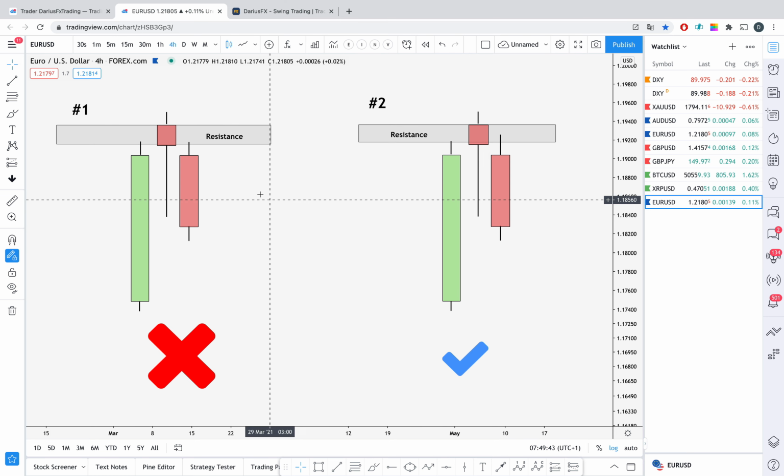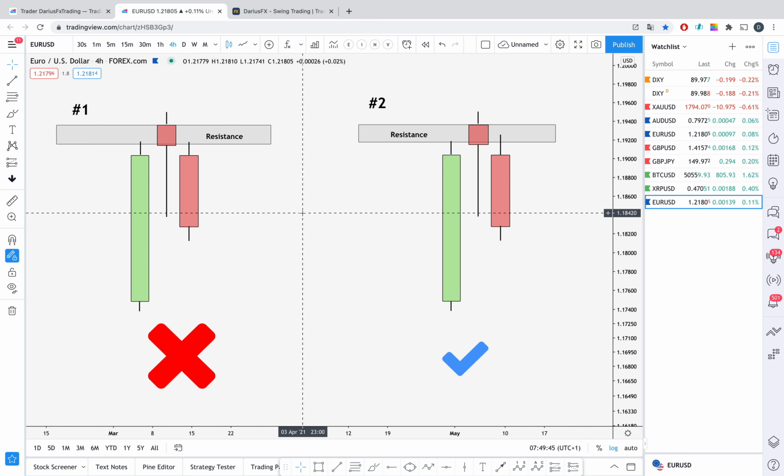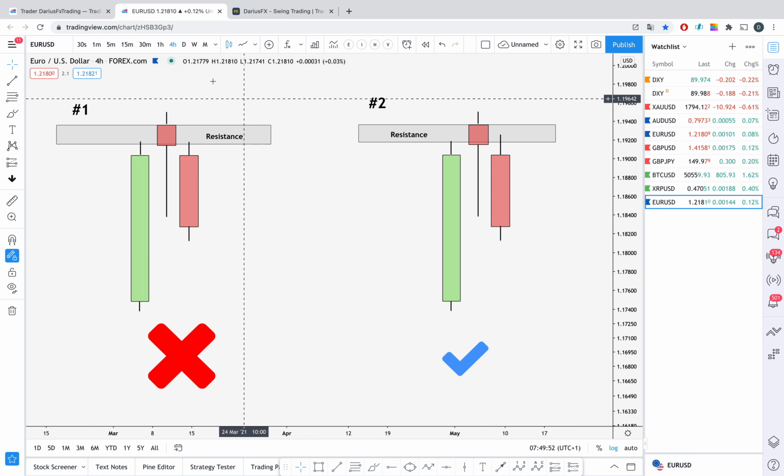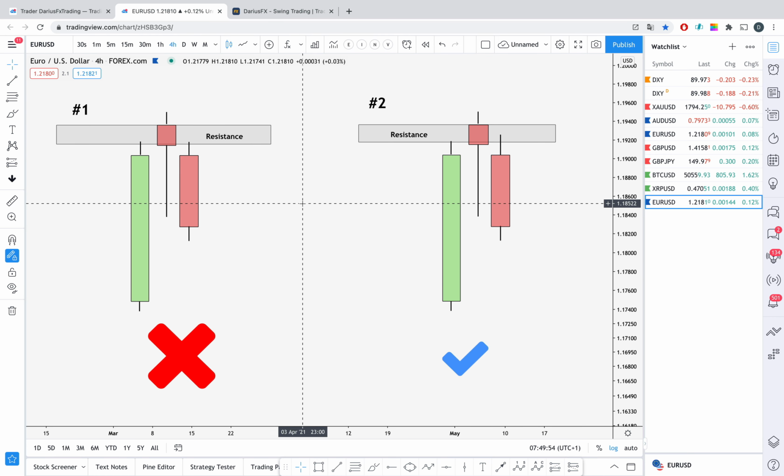Okay, now we all know about support and resistance, right? Everybody tells you that when you are at a level of resistance, this example is based on resistance, but it works exactly the same for support, just vice versa. The idea behind support resistance strategies is that you should sell at resistance.